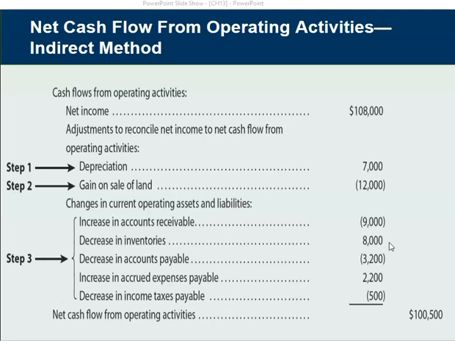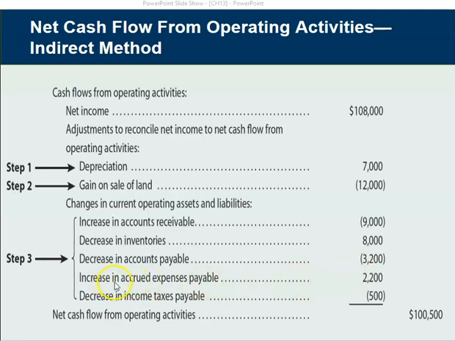Decrease in accounts payable, that means that we're paying down old debt. That means $3,200 of what we paid out in cash is related to debt from a prior period.